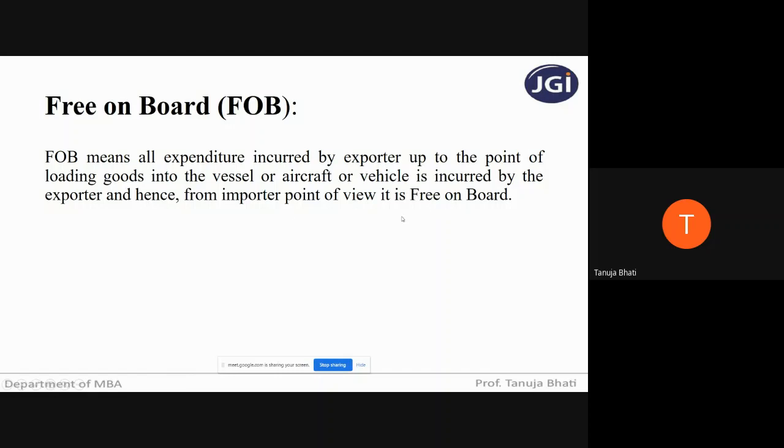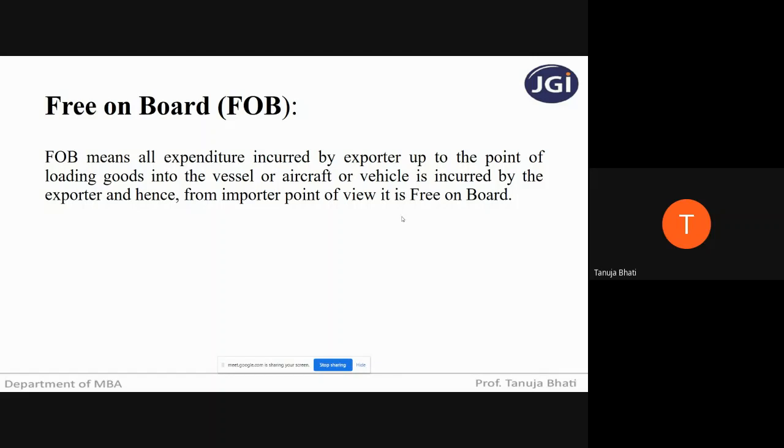In short, FOB is where the goods are brought by the exporter up to the ship or vehicle, the means of transport through which the exportation is going to happen. So up to loading the goods into the vessel or aircraft, whatever expenditure is incurred, it means FOB.